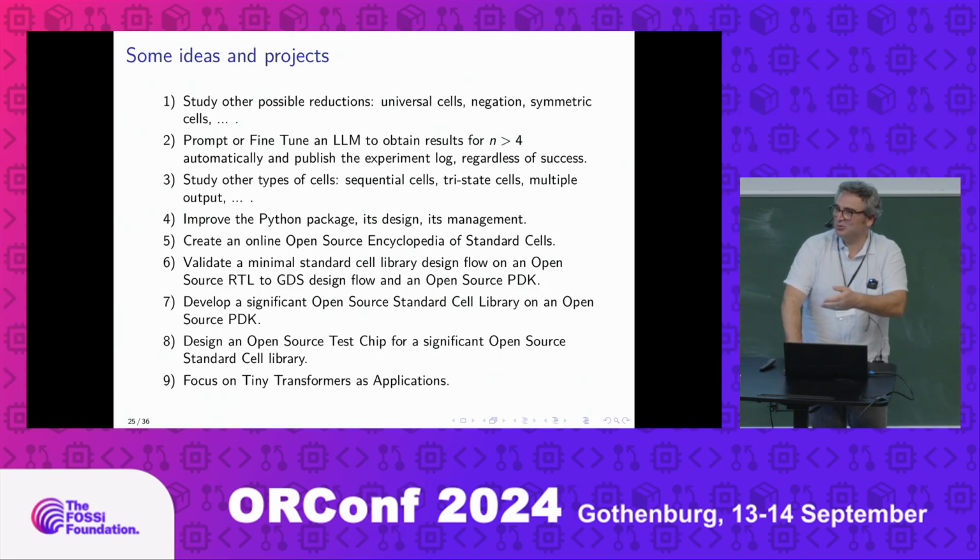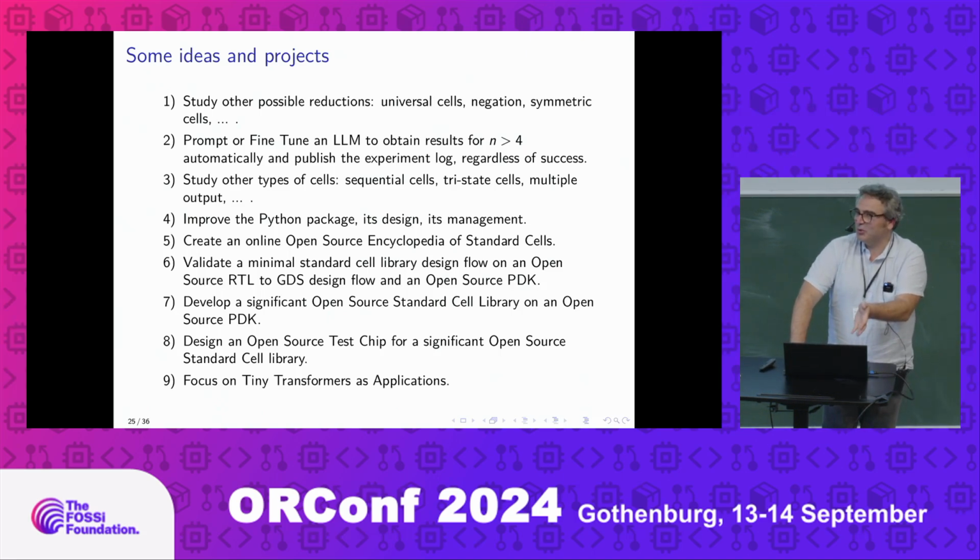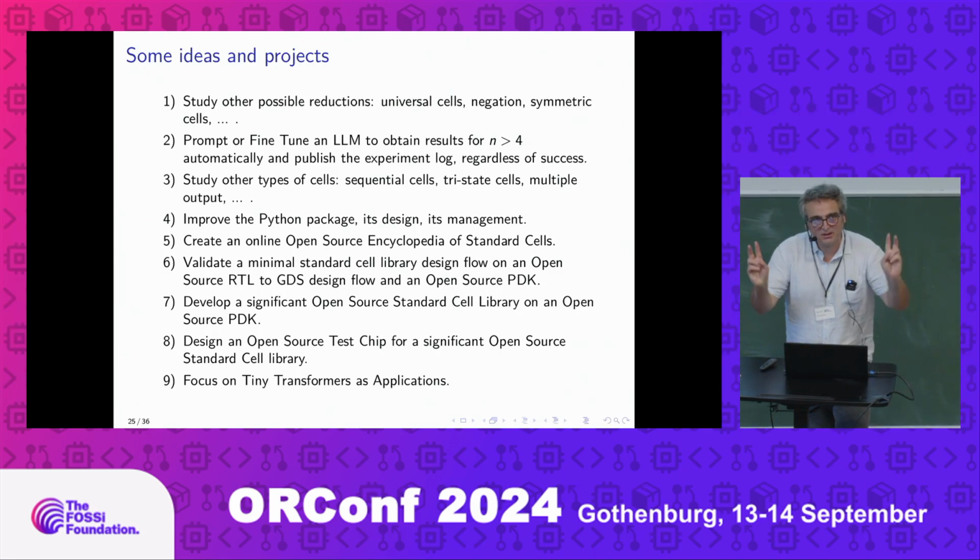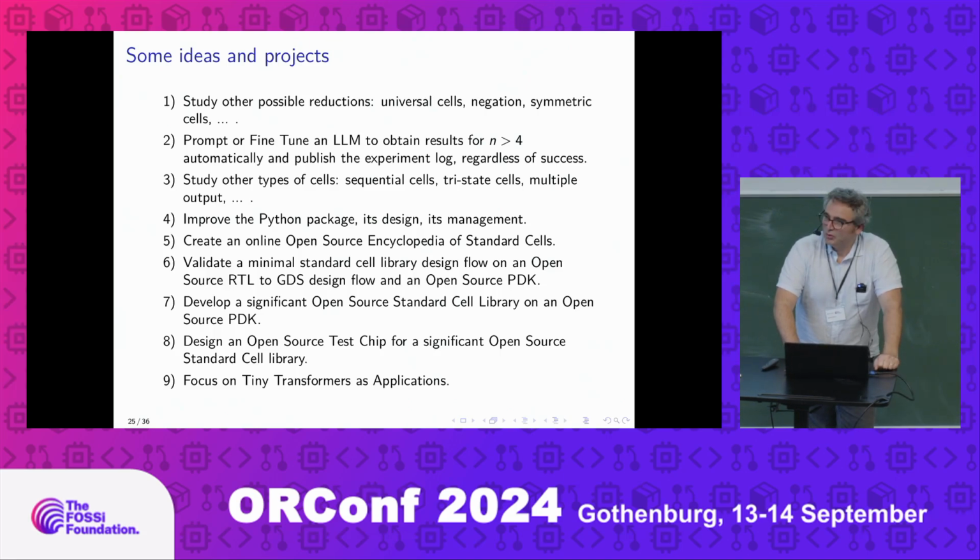It could be nice to experiment, and I've got the formula using the package, so we could test if by prompting ChatGPT, the new release, we are able to guide it to the solution and maybe to the next step. And again, a test chip would be nice.